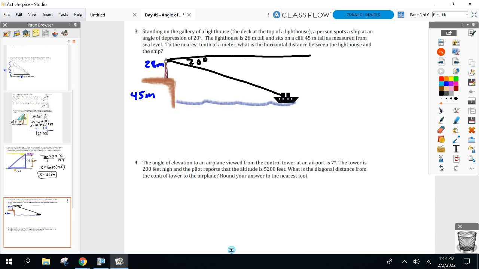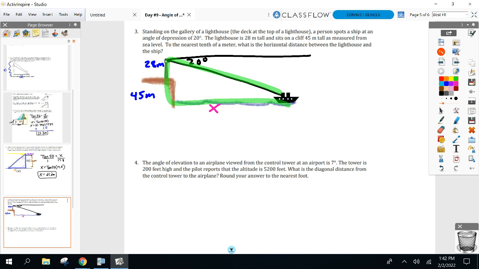What's the horizontal distance? Not the diagonal distance, the horizontal distance between the lighthouse and the ship. All right, so I'm going to use this right triangle here.